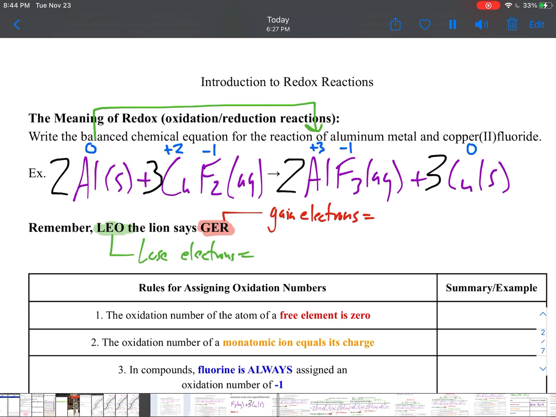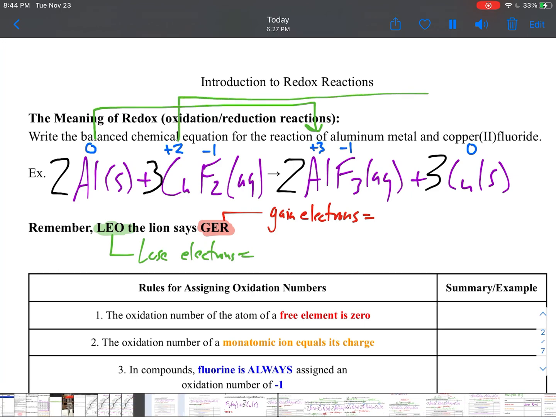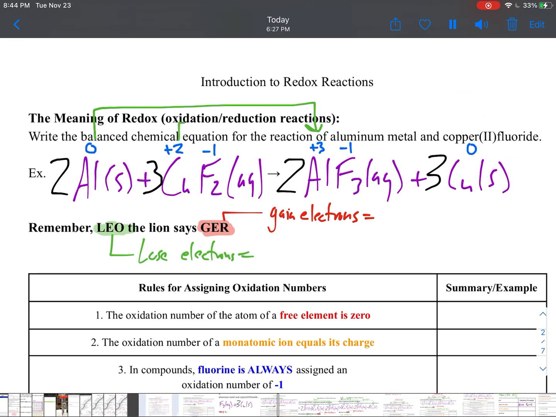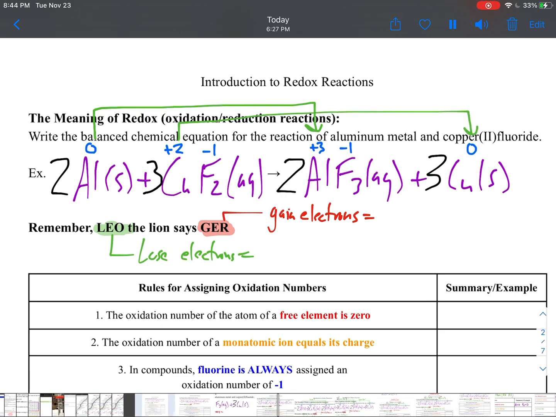In other words, there's oxidation and reduction going on in this reaction. Let's look at copper. It goes from +2 to 0. Once again, there is oxidation reduction going on in this reaction because electrons are being transferred.